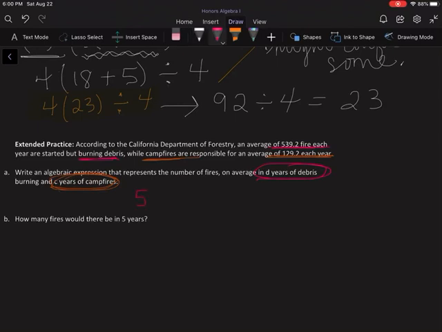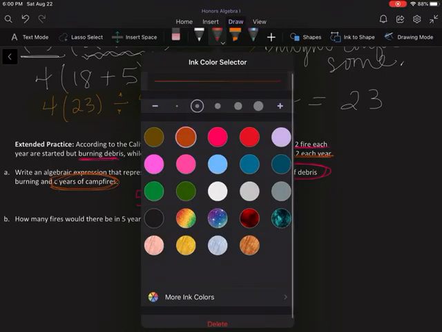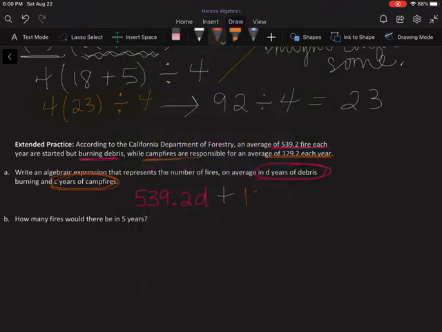So let's do the debris first. 539.2 times D for debris plus the campfire stuff, and that's 129.2 C.